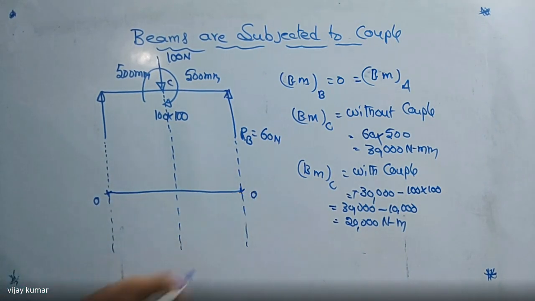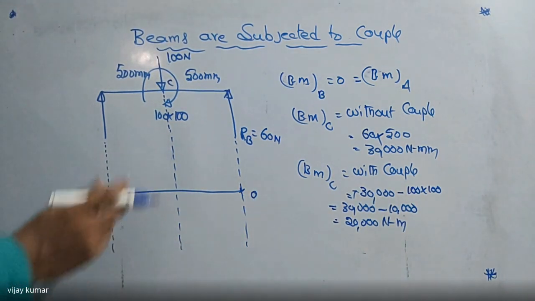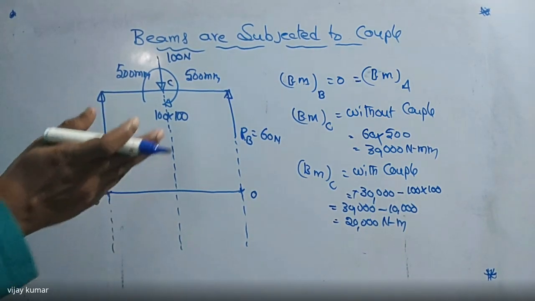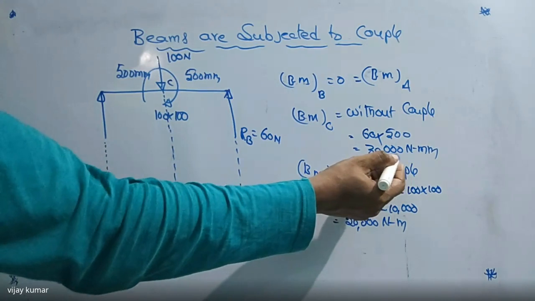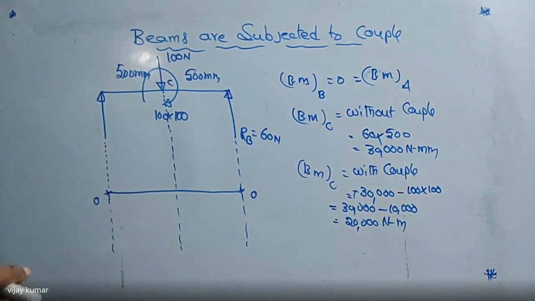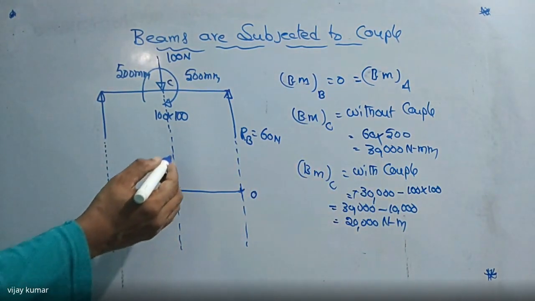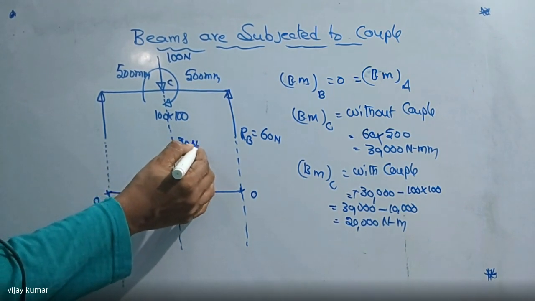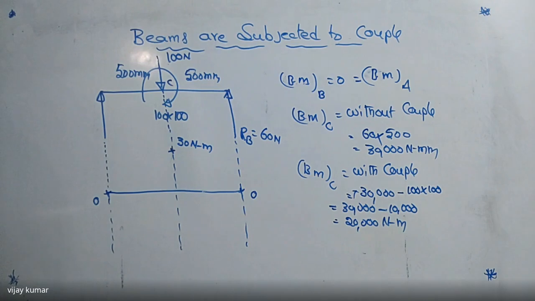Here also it is equal to 0. So here, without couple, how much you get? 30,000 Newton mm. But if you divide by 1000, then we are getting 30 Newton meter. So that is positive. So I'm going to indicate here that 30 Newton meter is the bending moment without couple.